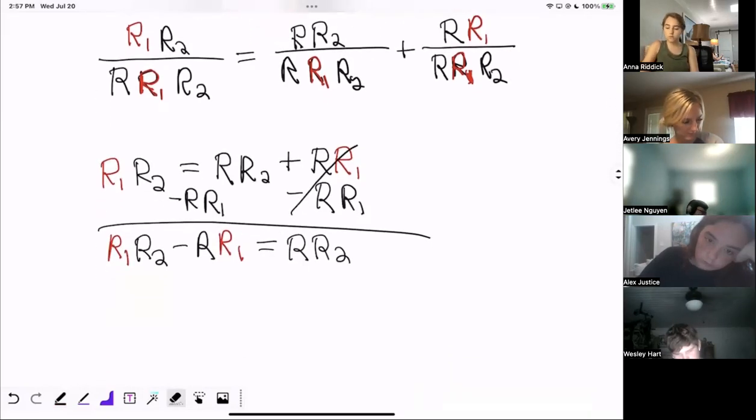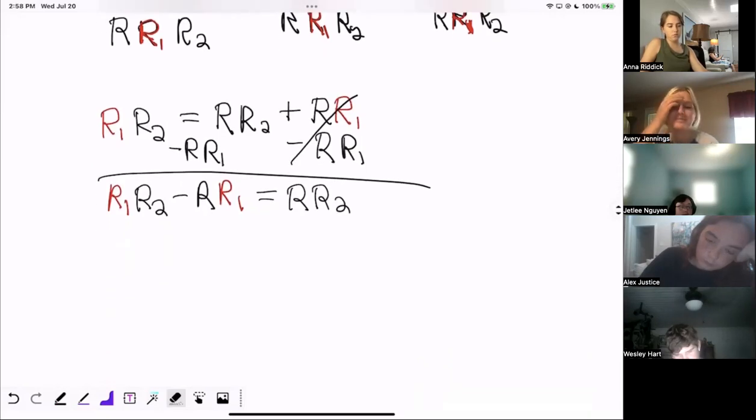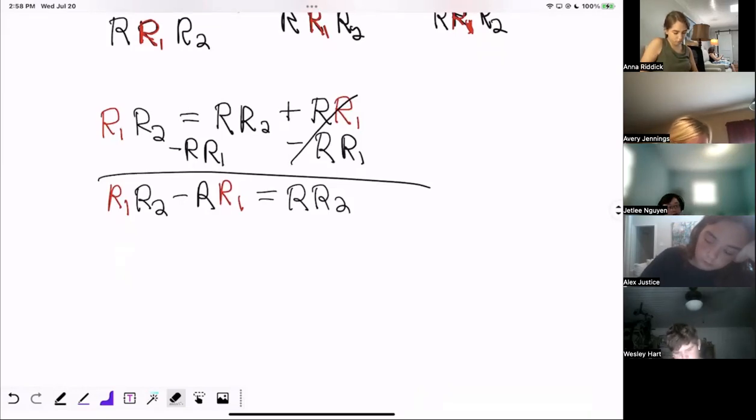Why? Because when you have what you need in two separate parts of an equation, in different terms, I have r sub 1 in one term and r sub 1 in another term, I need it on the same side, because this is how you get r sub 1 by itself. So we have to get r sub 1 by itself. How do I do that? Well, I can factor it out, greatest common factor.